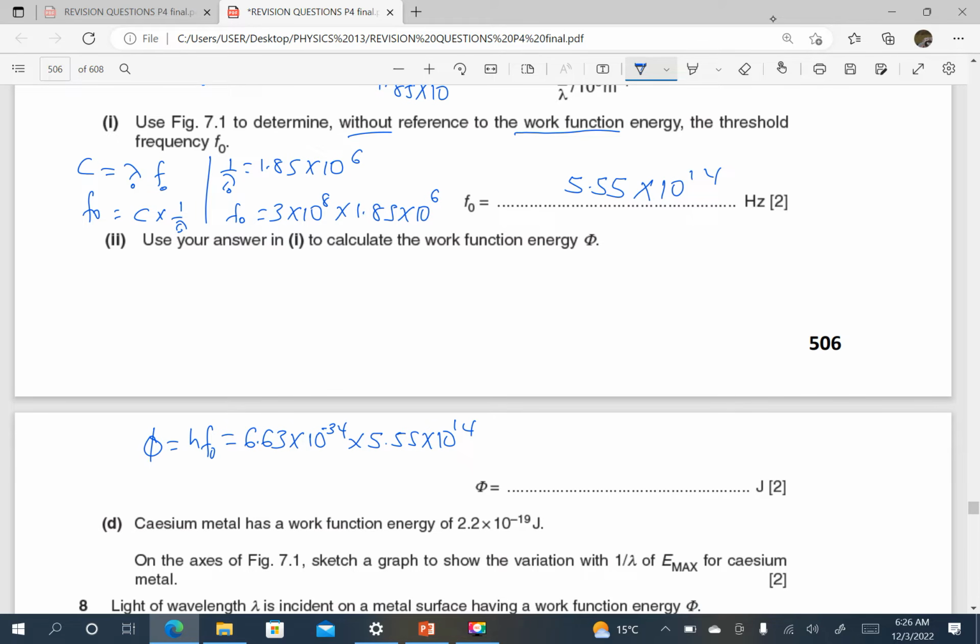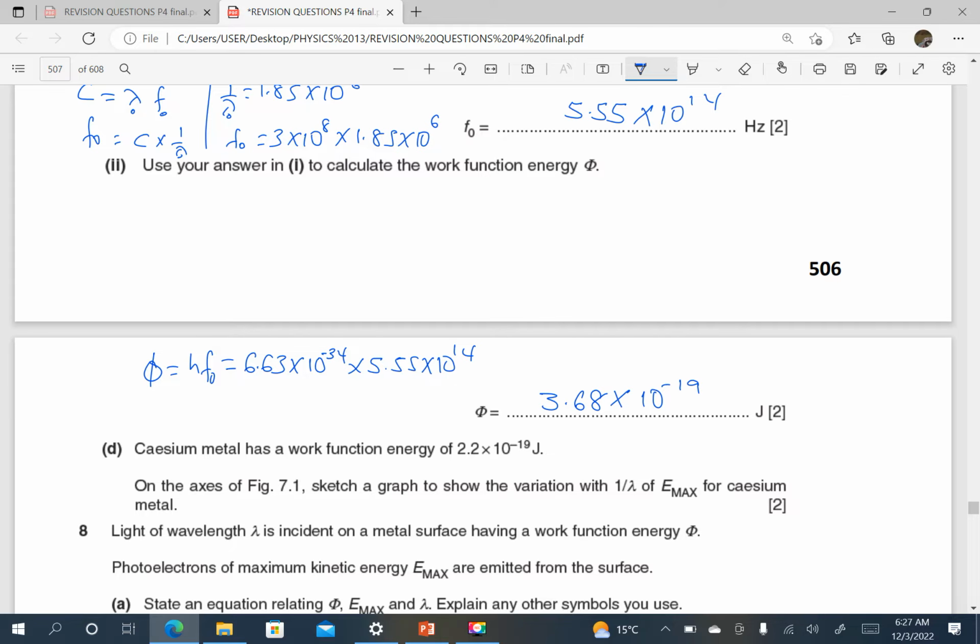From my calculator, this gives us 3.68 times 10 power negative 19 joules.